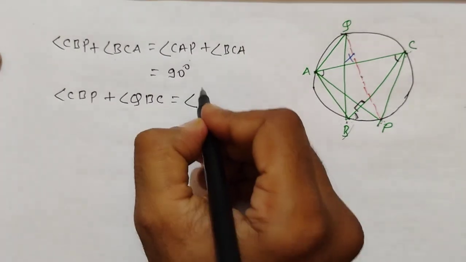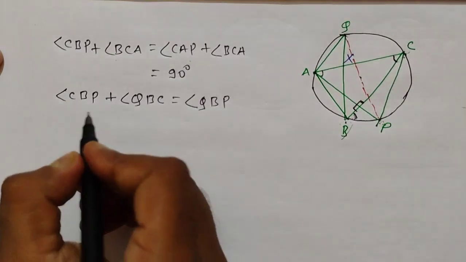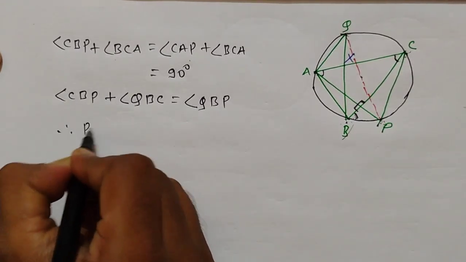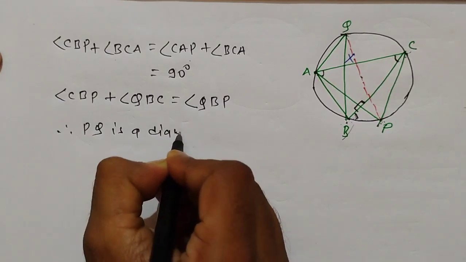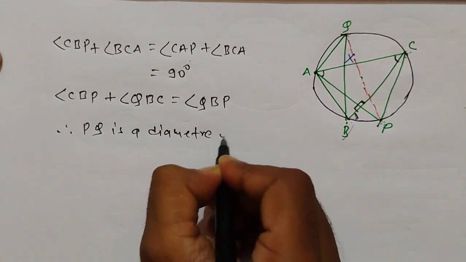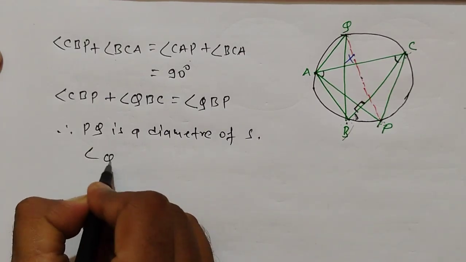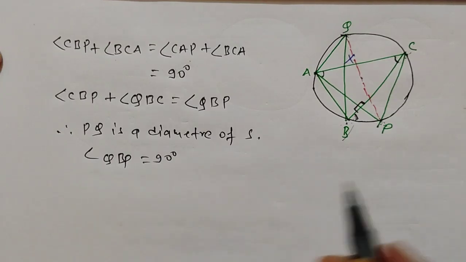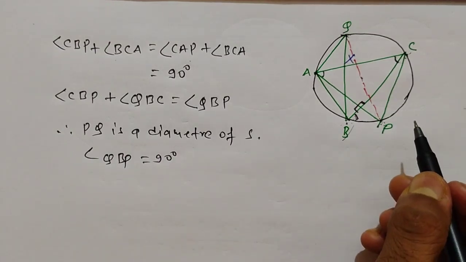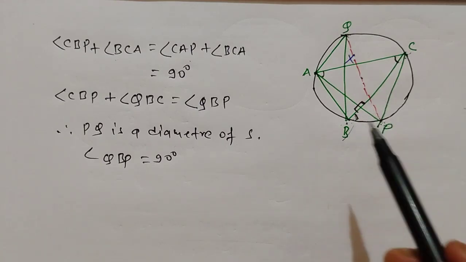So we can write this as angle QBP, and hence PQ is a diameter of this circle. So angle QBP is equal to 90 degrees. From the theorem we can write this angle is equal to 90 degrees.